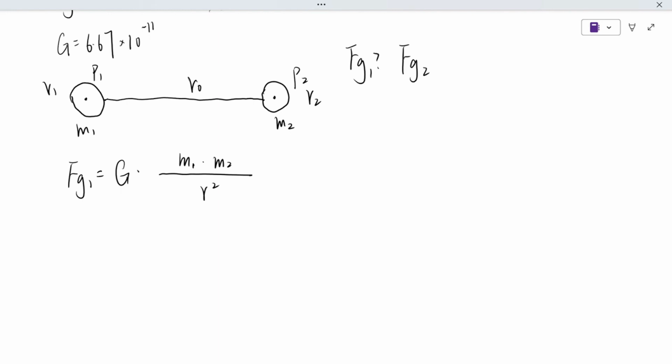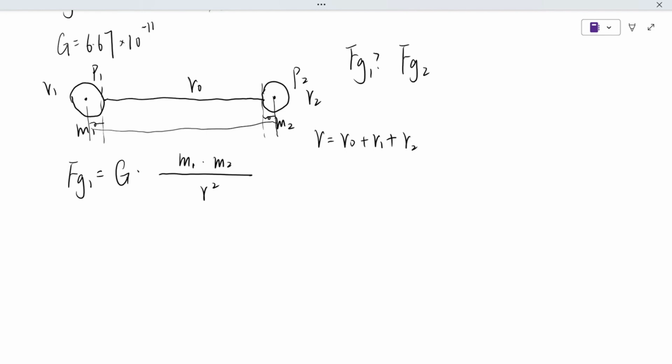Just as I mentioned, the r is the distance between the center of mass, which means the actual distance is from this position to this position, which is this r naught plus this part, which is the radius, plus this part, which is the radius for planet number 2, which means r is actually equal to r naught plus r1 plus r2.